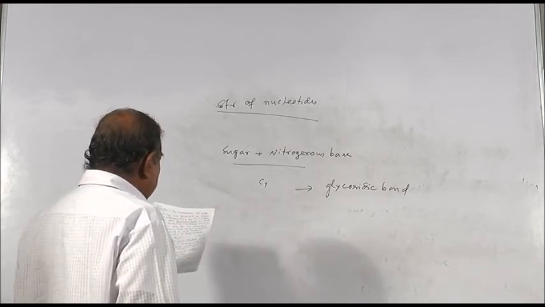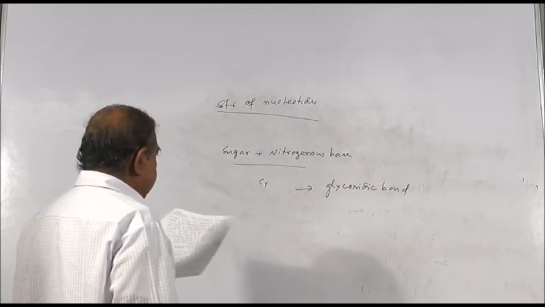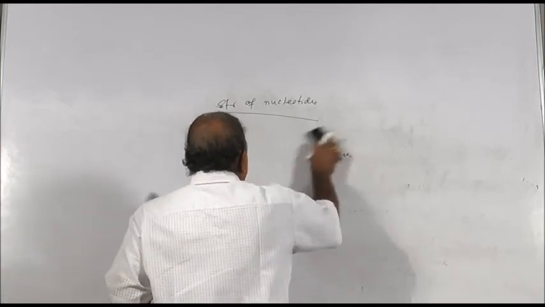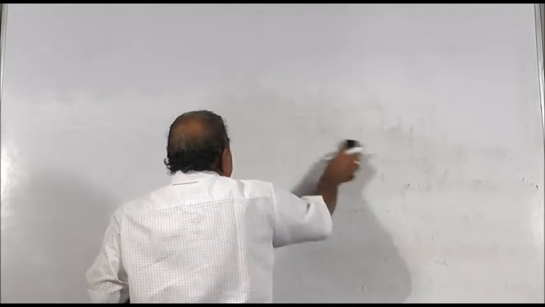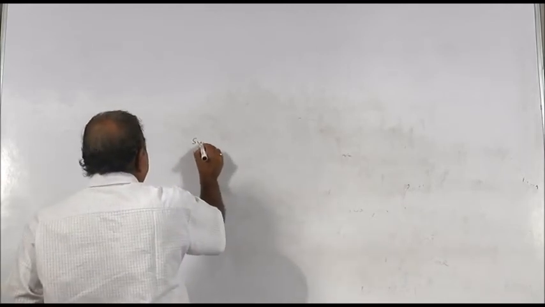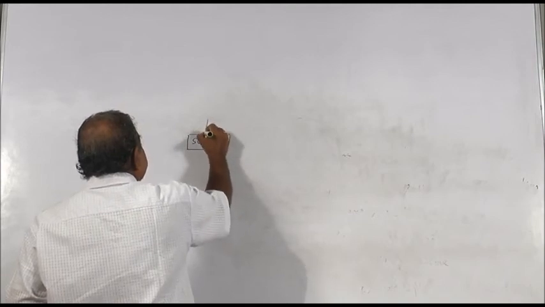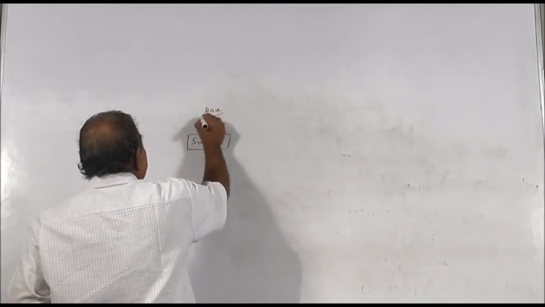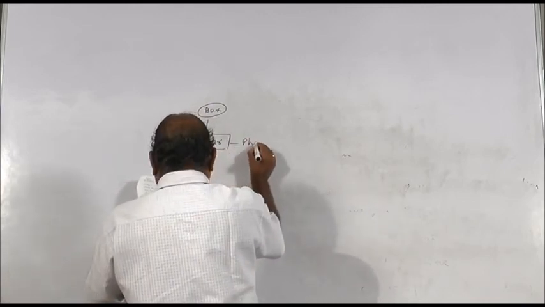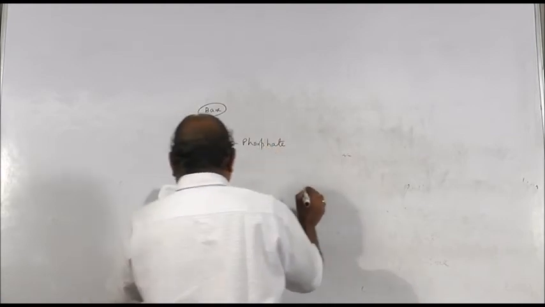Now the phosphate group is linked to the hydroxyl group of the sugar. Now we can see the sugar unit, the sugar combines with a base, again it combines with the phosphate of another nucleotide.